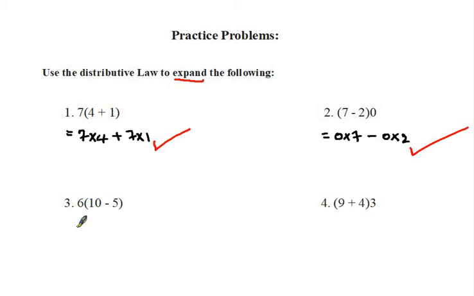And what represents the students? 10 and 5. So this would be what? 6 multiplied by 10, minus 6 multiplied by 5. And since we are just dealing with expansion, we just make this bigger. That's what we have. All right, next person, Campbell.